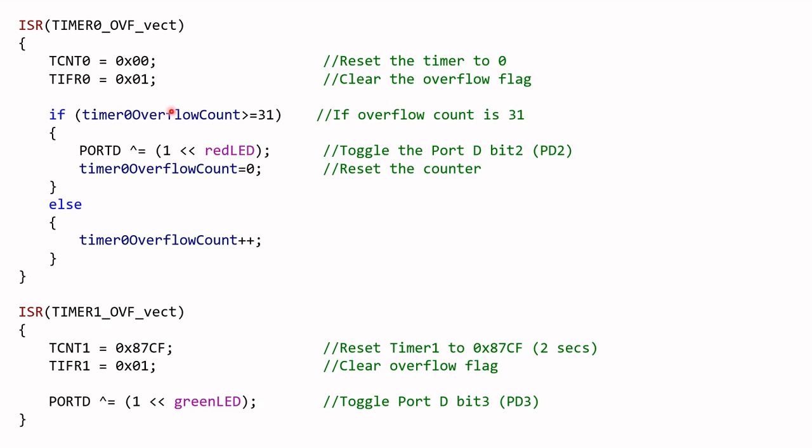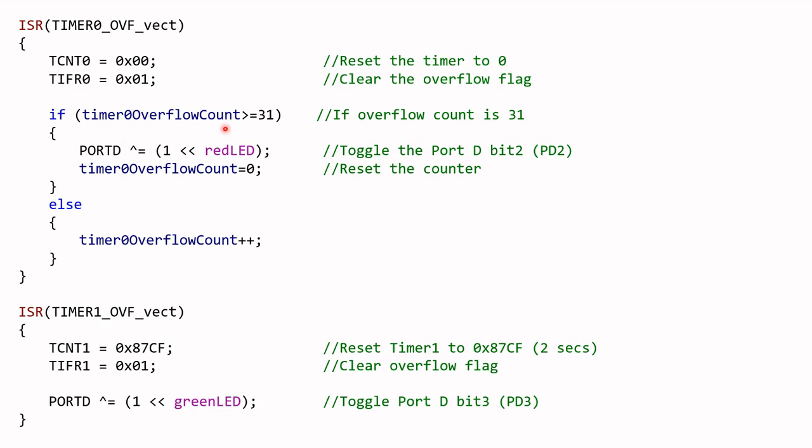And this part here is the part that actually checks the number of timer overflows, 31 times. Why 31? Because this 31 showed up in our earlier calculation, because we want a delay for this task.